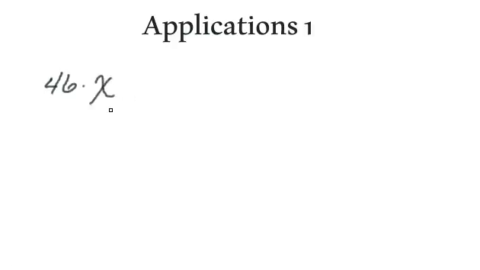So, goodness, let's go back to this. 46 times our number is unknown, and that was 25 more than, so we're just adding 25 to it, is equal to 1129.